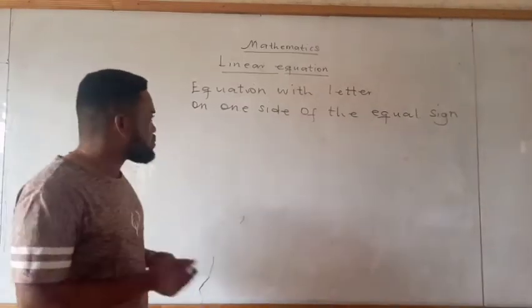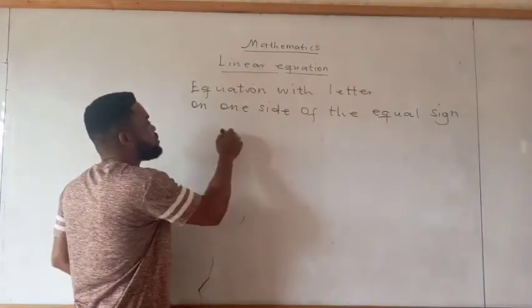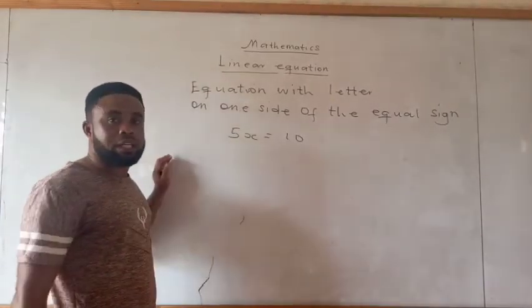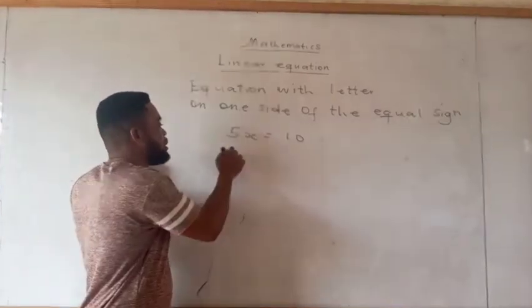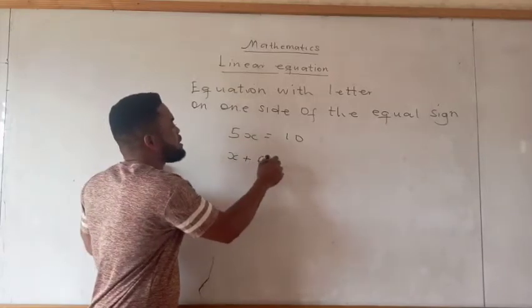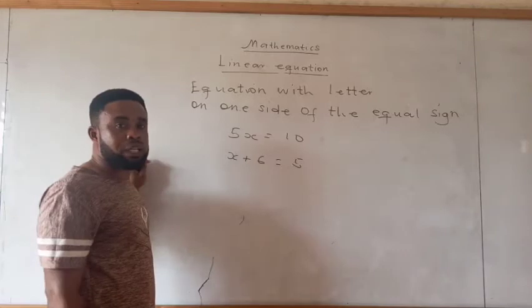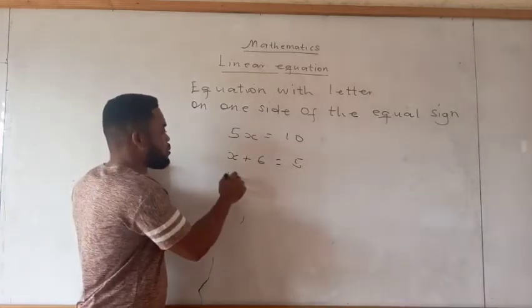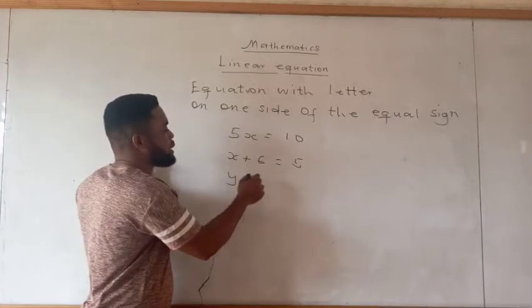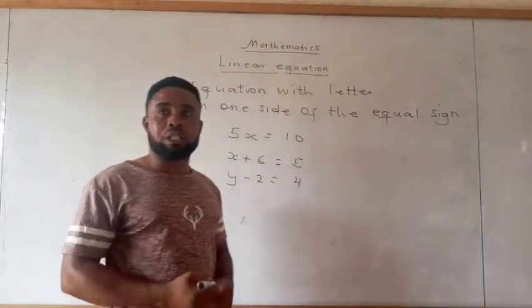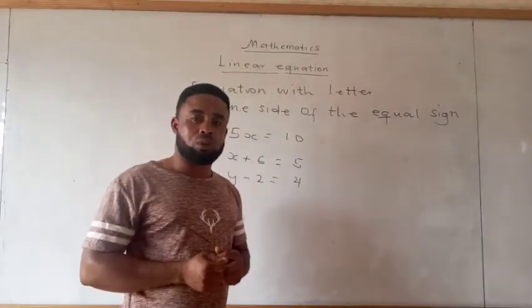Equal sign. So if I have 5x equal to 10, it is a linear equation. x plus 6 equal to 5 is also a linear equation. Then y minus 2 equal to 4, this one is also a linear equation.